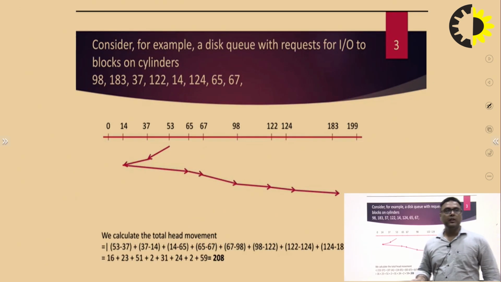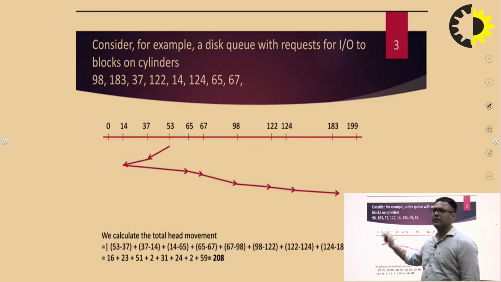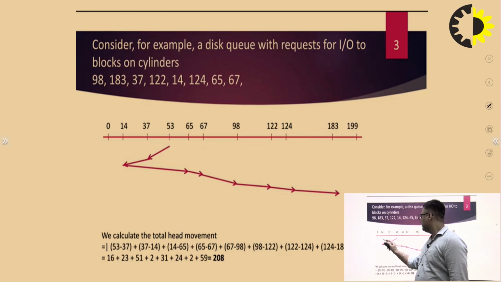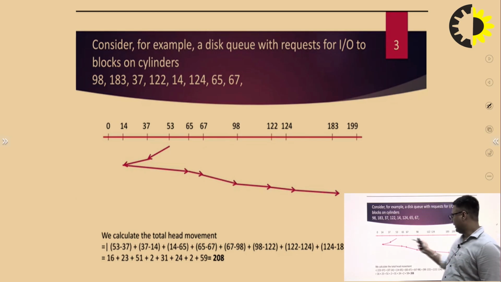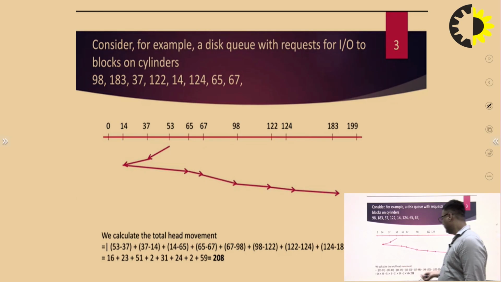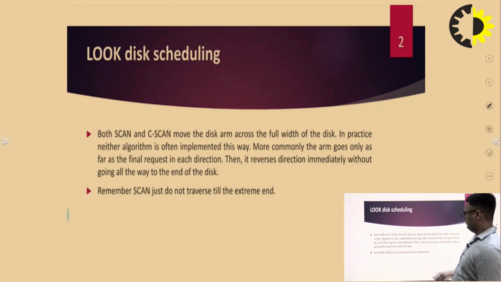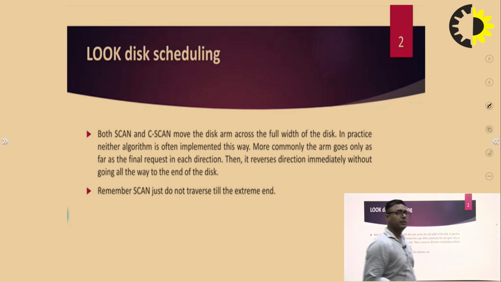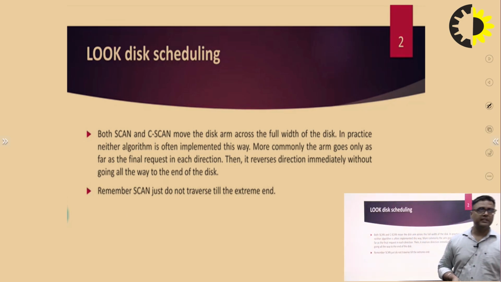LOOK. In LOOK condition, you do not move to the last position. We just enter the values one by one in the given direction, and then find the values. Now some theory. Both SCAN and C-SCAN move the disk arm across the full width of the disk. In practice, neither algorithm is often implemented in this way. More commonly, the arm goes only as far as the final request in each direction.